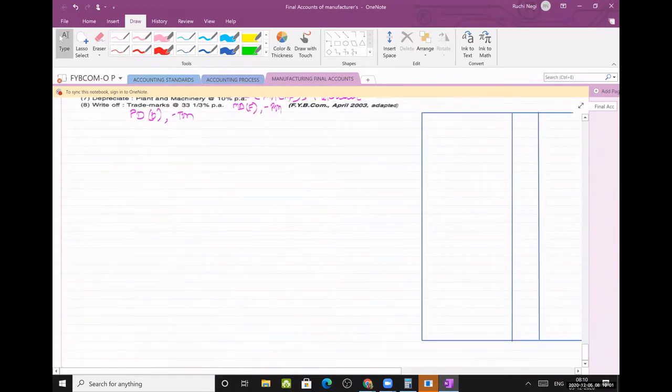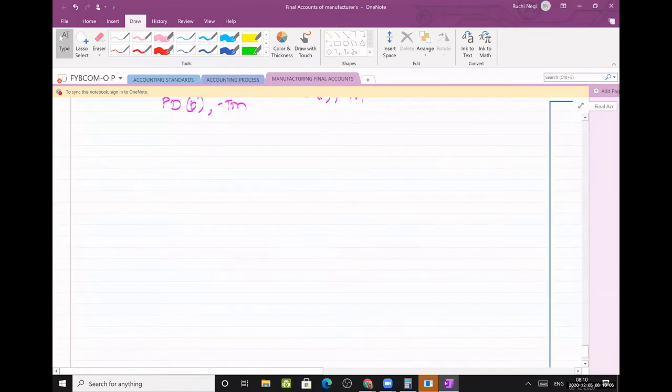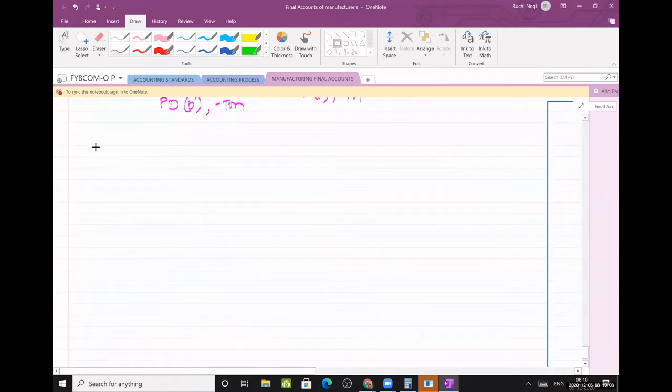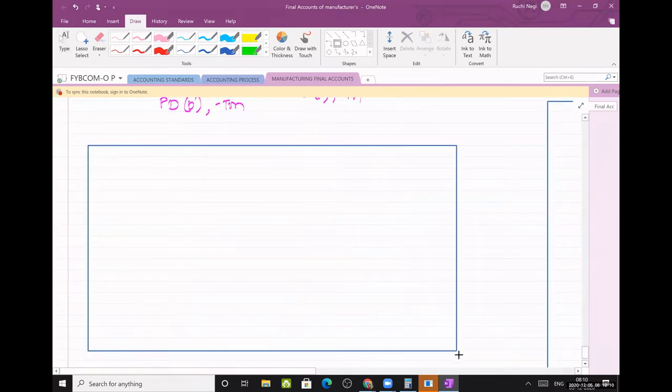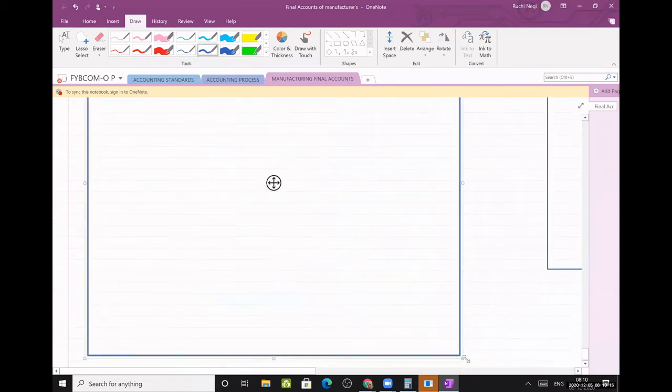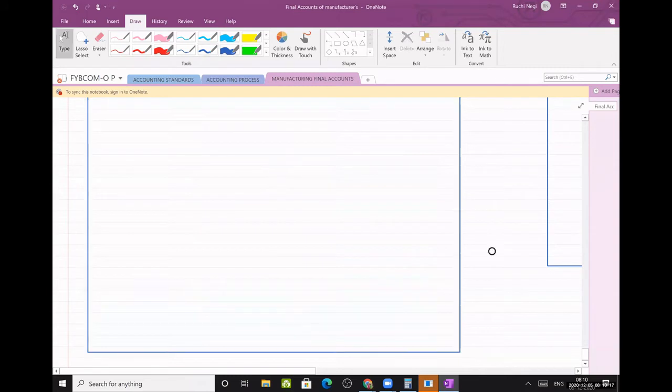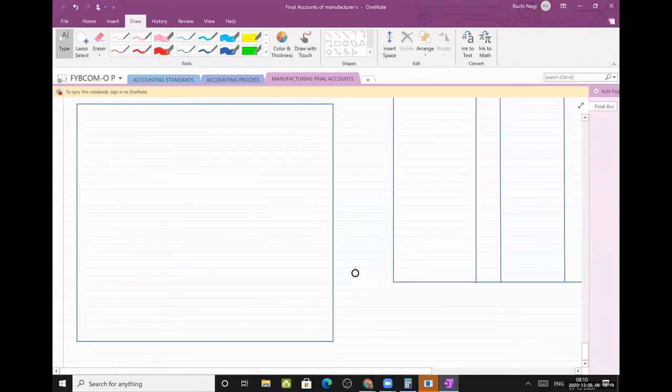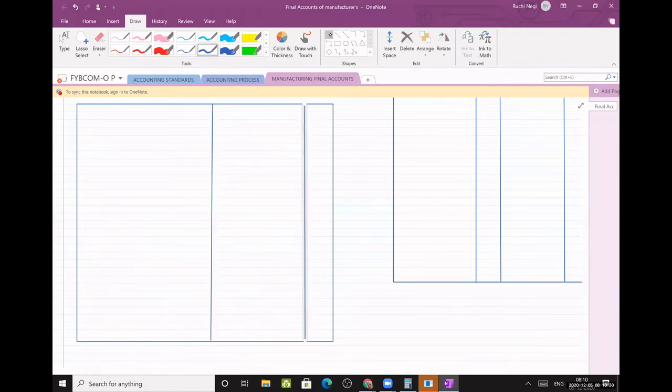Space you can make your column sheet. This is my balance sheet. Again, it is up to you whether you want to make two columns.